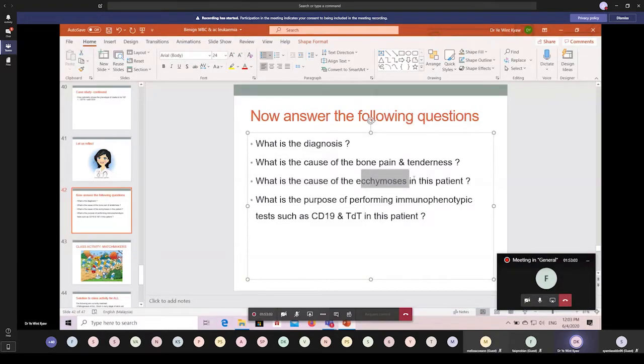The ecchymosis is caused by reduced platelet count and clotting factors. Another one is you need to do this for confirmation of B cell or T cell ALL, to differentiate B cell and T cell ALL, and you can do this immunophenotyping to differentiate myeloid from lymphoid also.